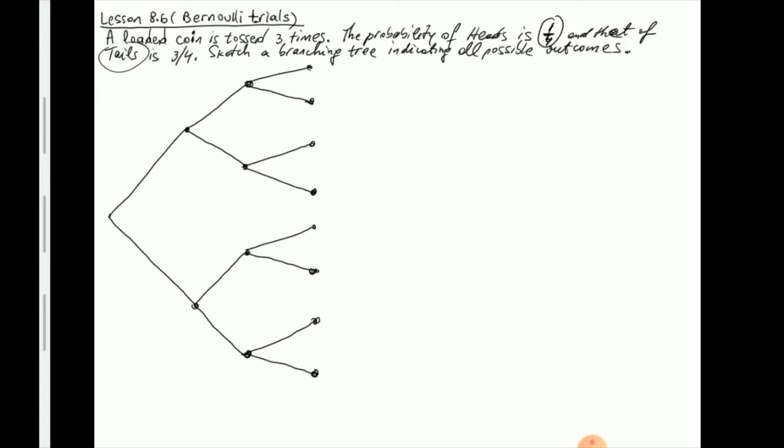We're going to ask some questions on the outcomes of these experiments immediately. But for now, let's sketch a branching tree indicating all possible outcomes. So you don't have to do this unless the problem asks you to.